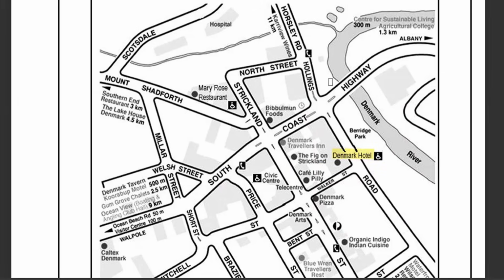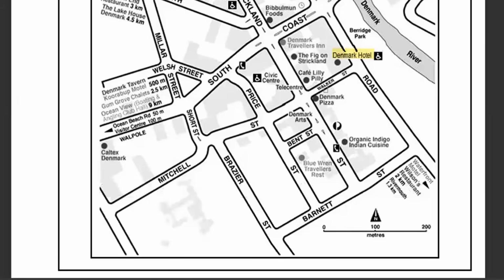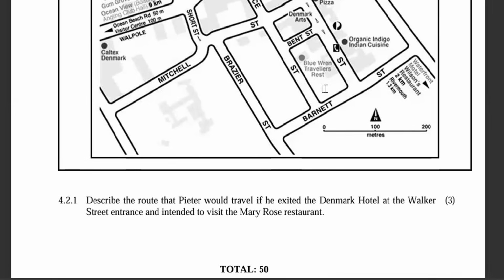Where was he going? Describe the route that Peter would travel if he exited the Denmark hotel at Walker Street entrance and intended to visit Mary Rose restaurant.